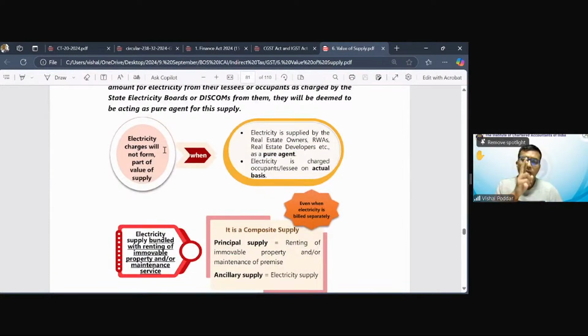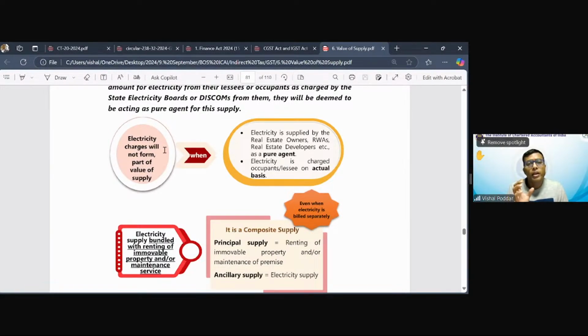What is the difference? In the first case, when I'm collecting from you the electricity of the common area and that is divided between all of you in some ratio and collected along with my rent and my maintenance charges, it will always be part of the composite supply of renting. GST is applicable.